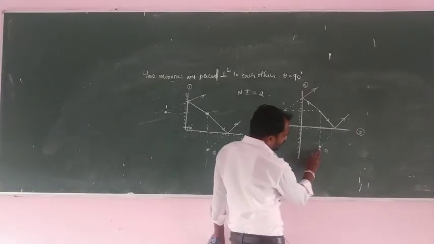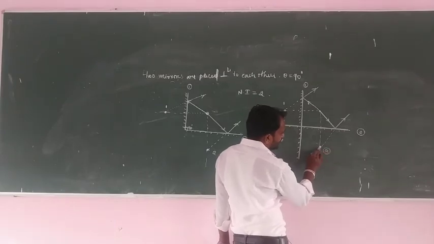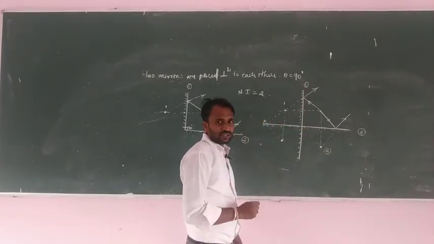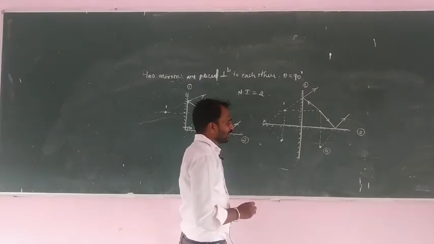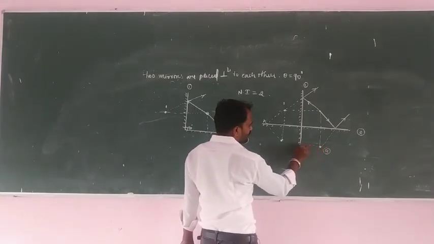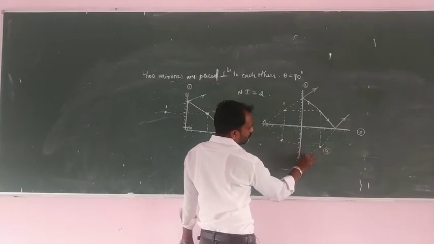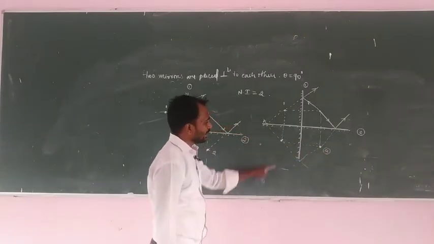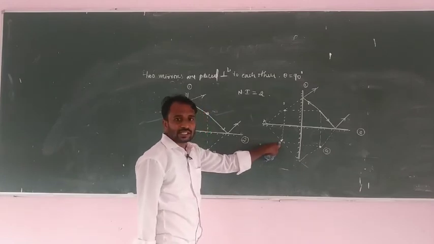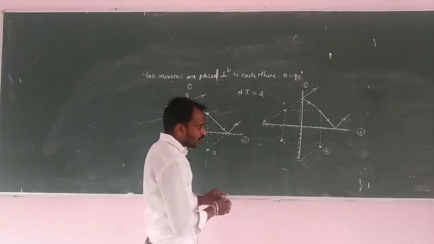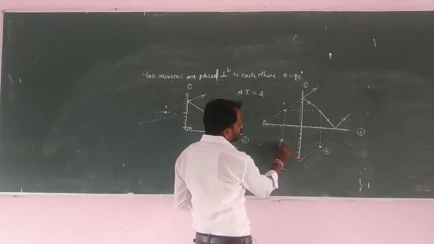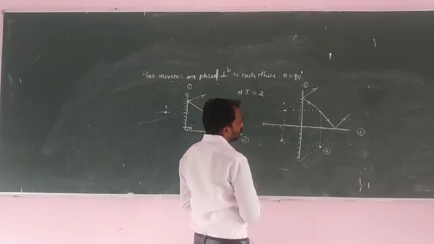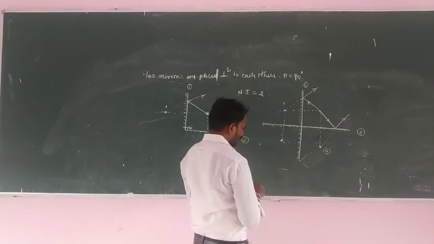And this second image we consider a virtual object for the first mirror. For this reason, here also incident ray and reflected ray. If we extend these two light rays, then here we will get an image. Yes, so here the total number of images: 1, 2 and 3.